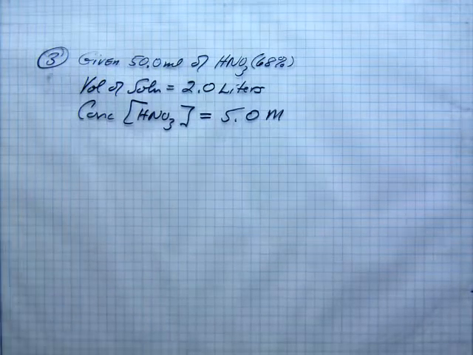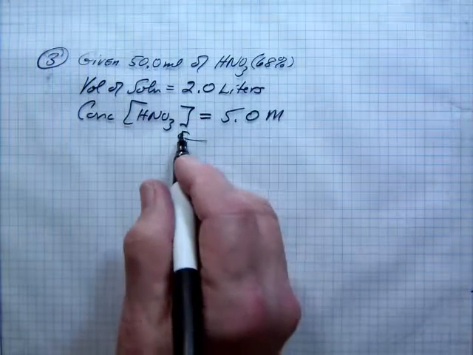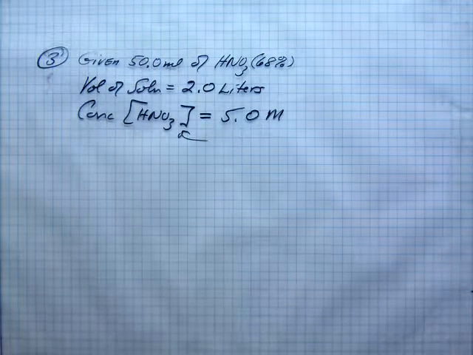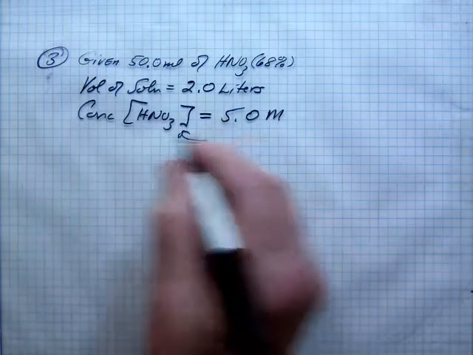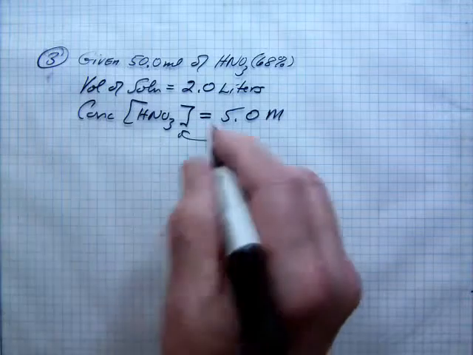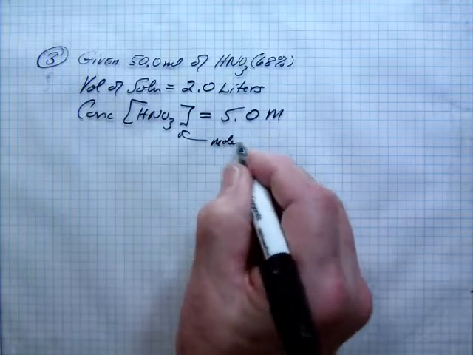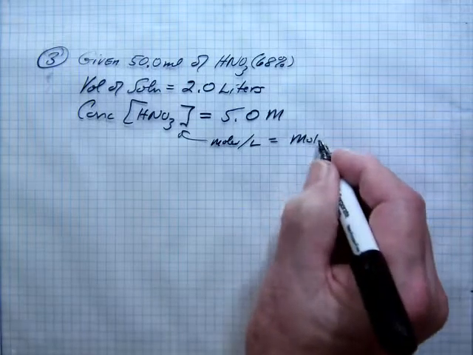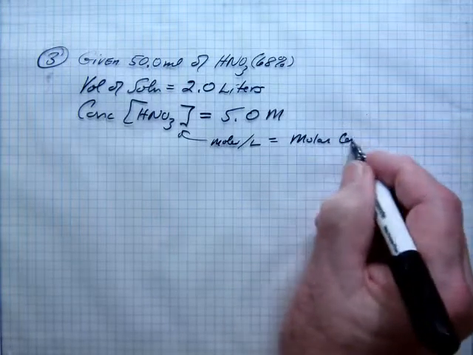Brackets like this will be used many times from here through the end of this course. Many, many times. This bracket is an understood symbology that means moles per liter, or molar concentration.